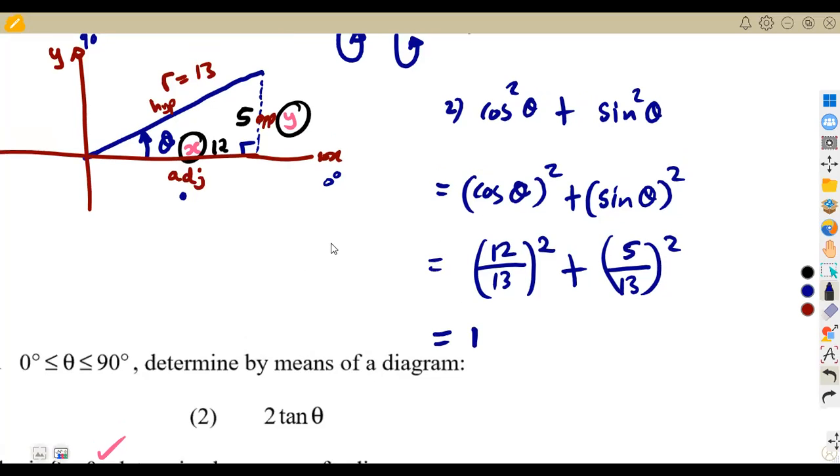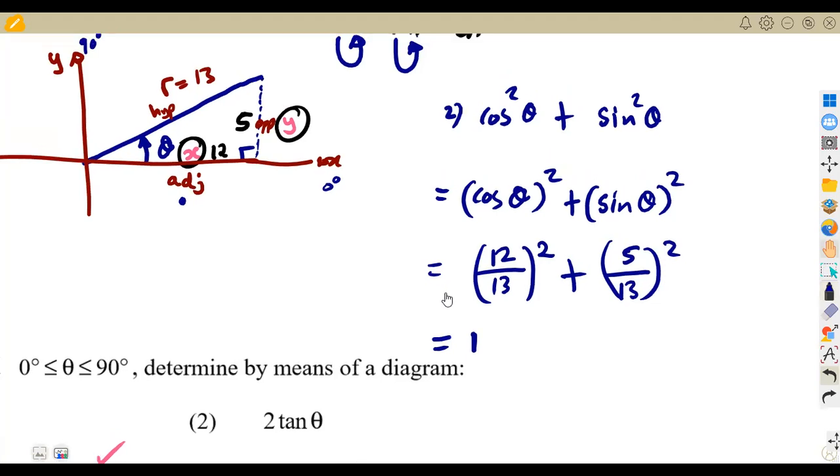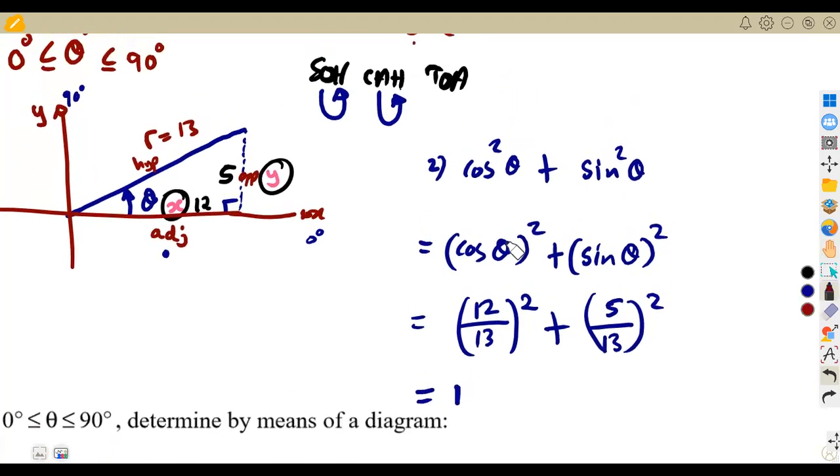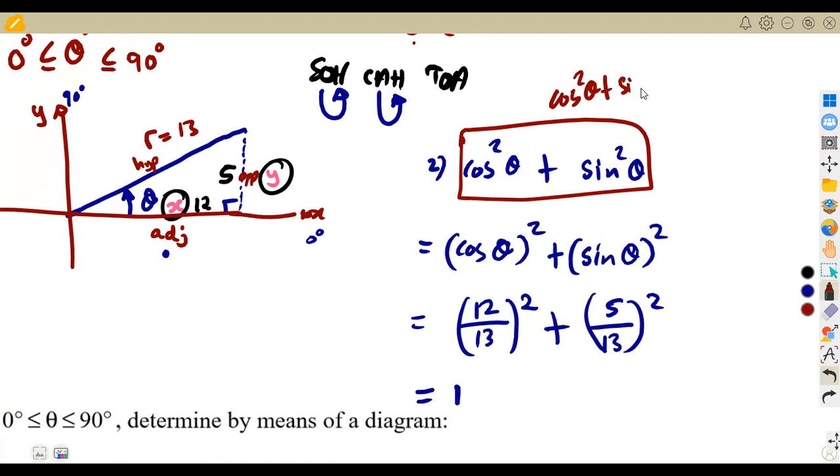So in conclusion, there is this identity that we refer to as the Pythagorean identity, which is the first identity that we are going to talk about in grade 11 and grade 12. From the Pythagoras theorem, it follows that cos squared theta plus sine squared theta is equal to 1.